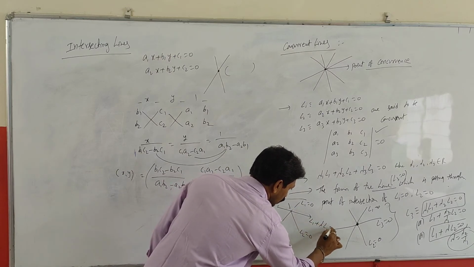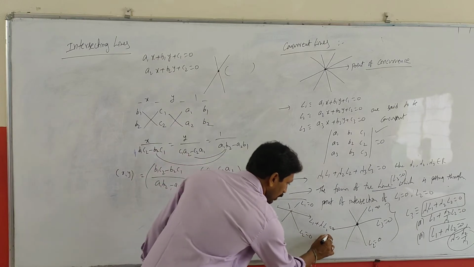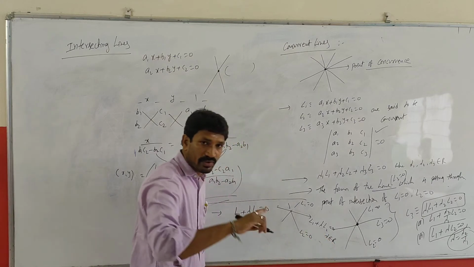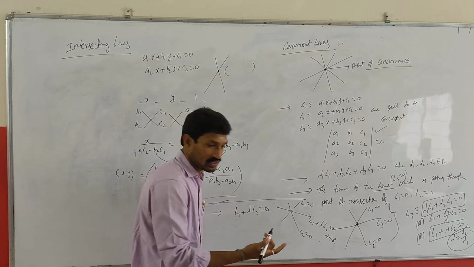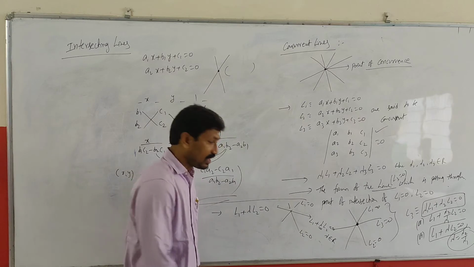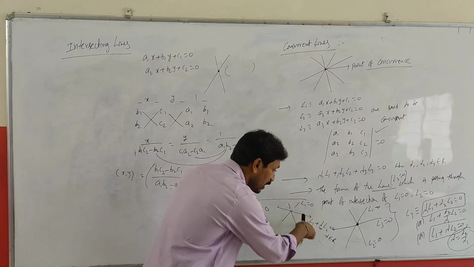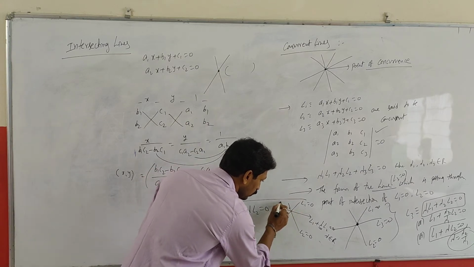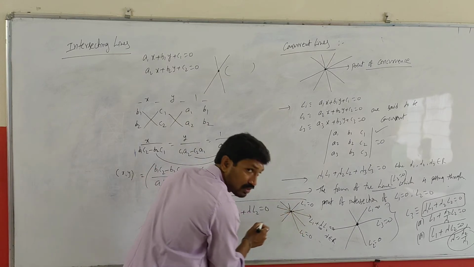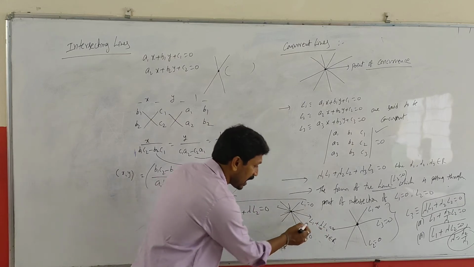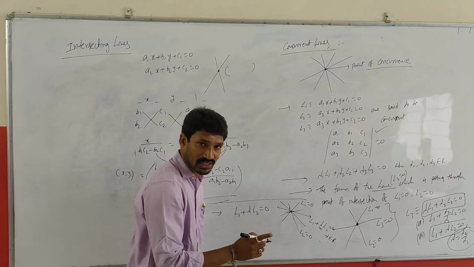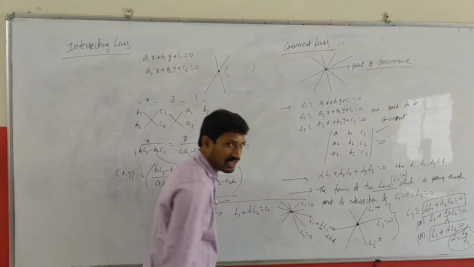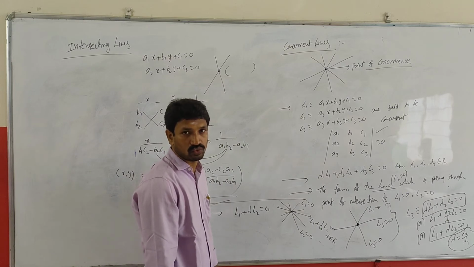Here lambda belongs to R. That means we can take infinitely many real numbers instead of lambda, so we can get infinitely many lines, and all those lines are passing through this point of intersection. That means this L1 plus lambda L2 represents the family of concurrent lines passing through the point of intersection of L1 and L2.